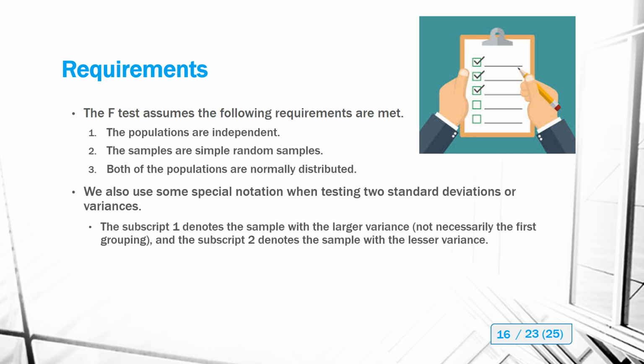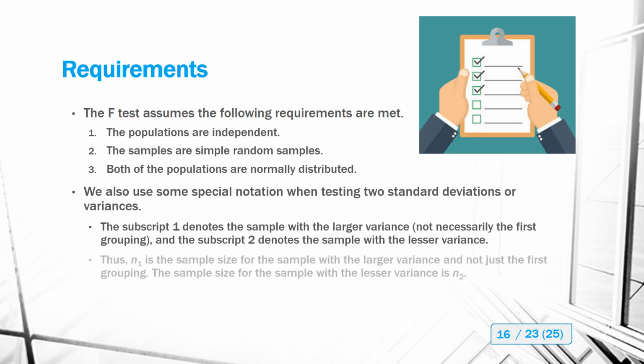Here, when we're looking at the F-test, the subscript 1 goes with those values that correspond with the sample having the larger variance. Subscript 2 then denotes sample statistics from the sample with the lesser or lower variance.